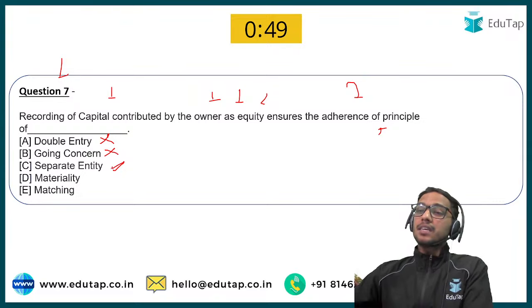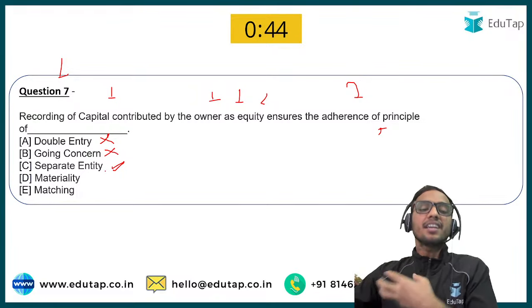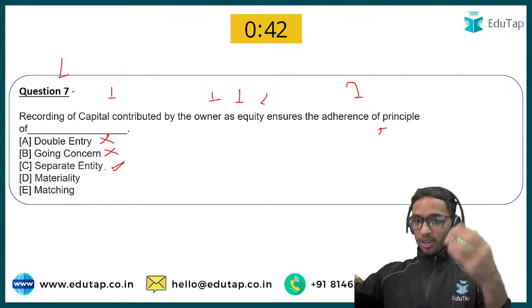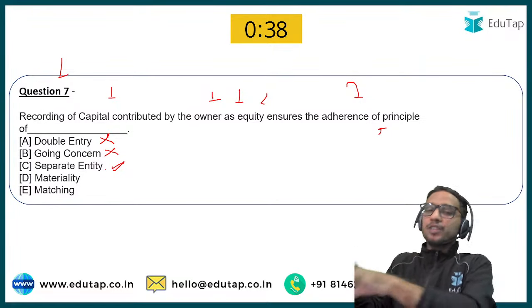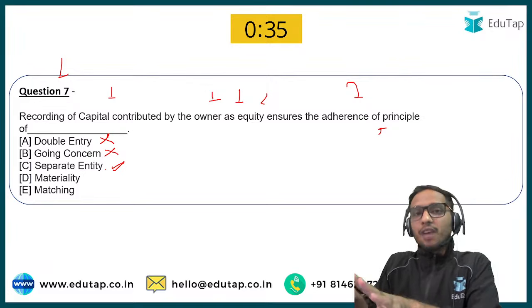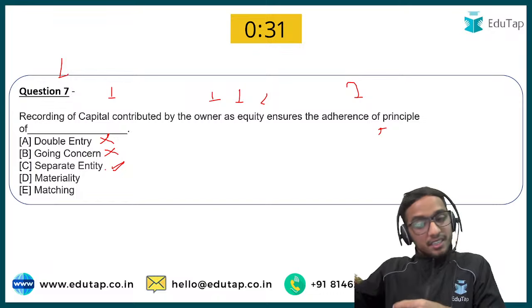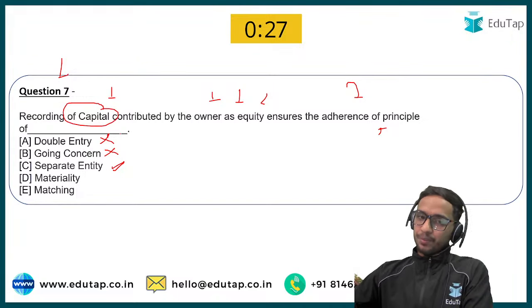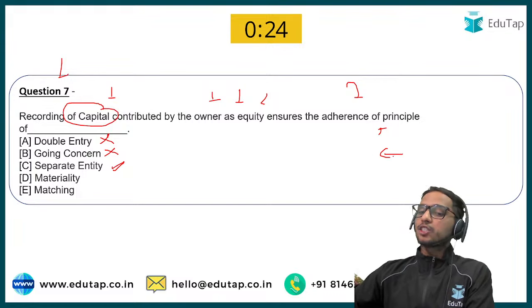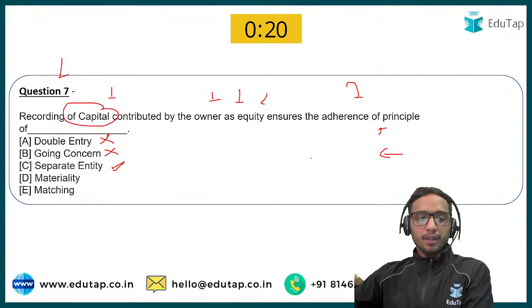Separate entity says that the shareholder, right, and the company both are different entities. So if we are as a owner, we are contributing something, so company is going to take it as the liability only, because they have to return us, right? Just like they take bank loan, isn't it? But the difference is we are going to show it as in the capital, right? Okay. And in the case of bank loan, we are going to show it in the outside liability, or you can say liability, right? So the correct option here would be option number C.